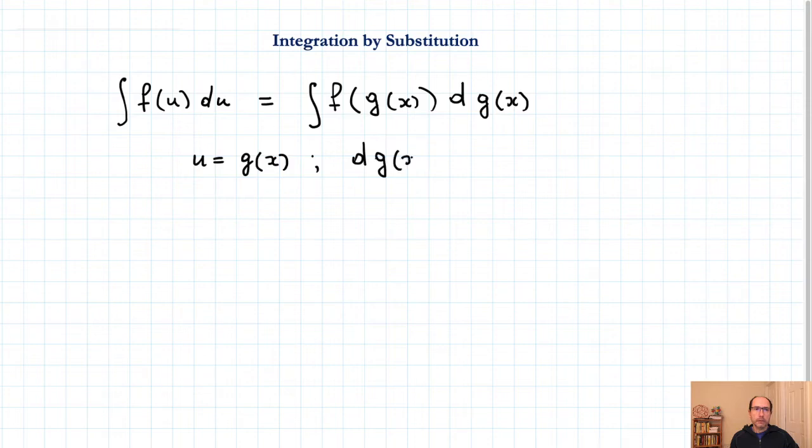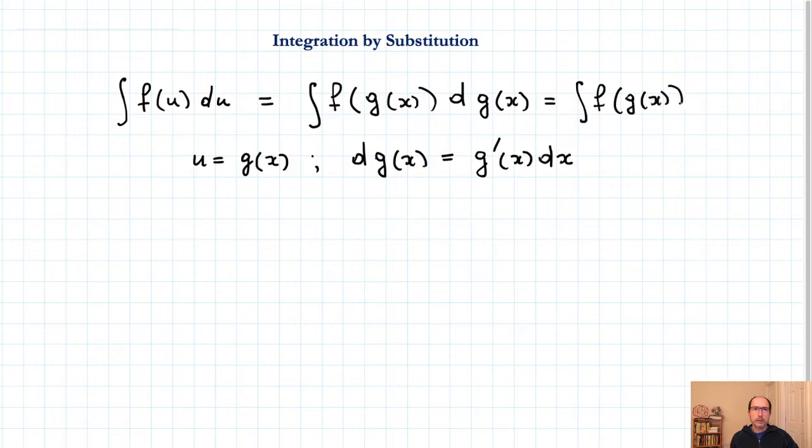So let's just remember that this differential is equal to the derivative of this function, g prime of x, multiplied by the differential of x. And so if we put that into our integral, we will get the integral of f of g of x times g prime of x dx.